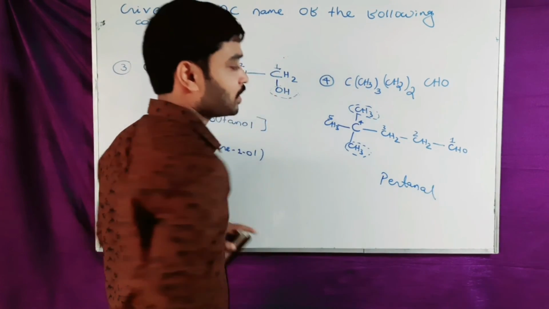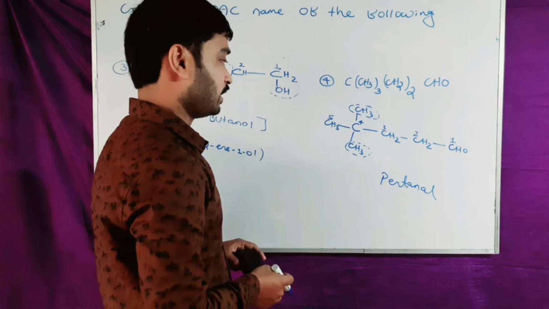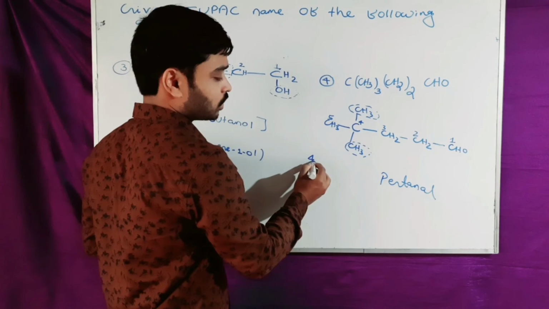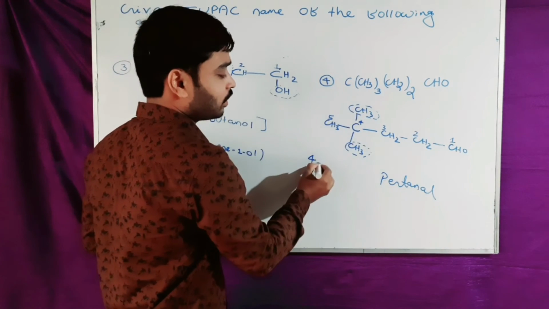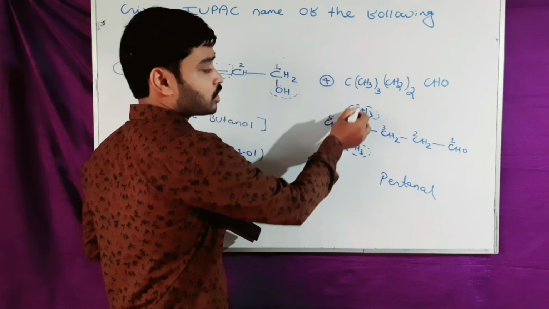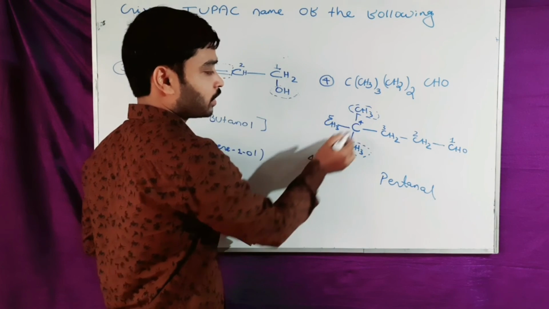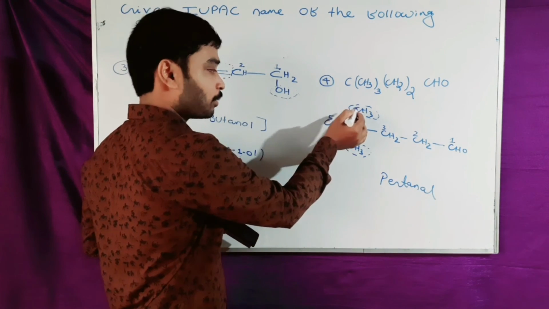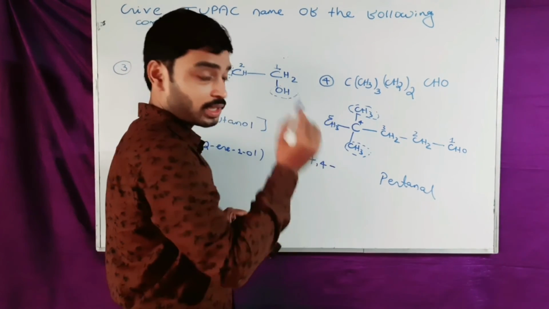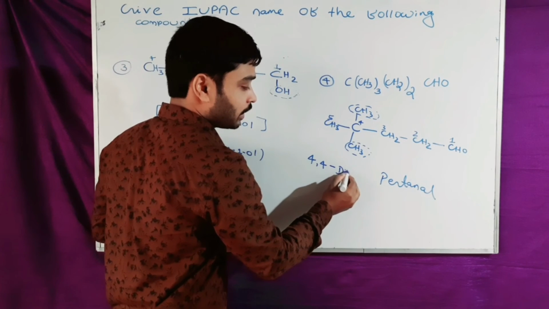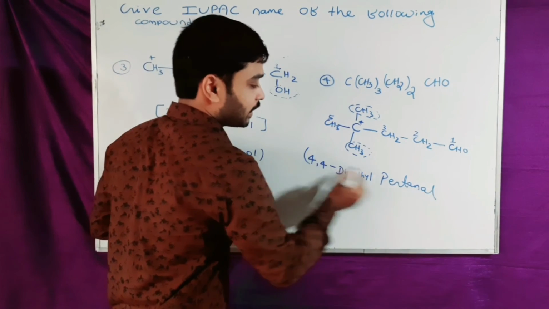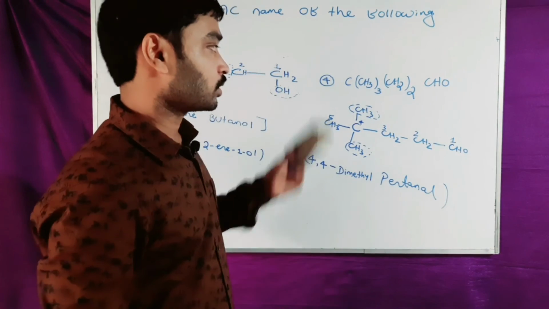The parent chain name is pentanal, and the fourth carbon contains two methyl groups. That's why we have written 4 for the upper methyl and 4 for the lower methyl. So 4,4-dimethyl pentanal is the name for the structure.